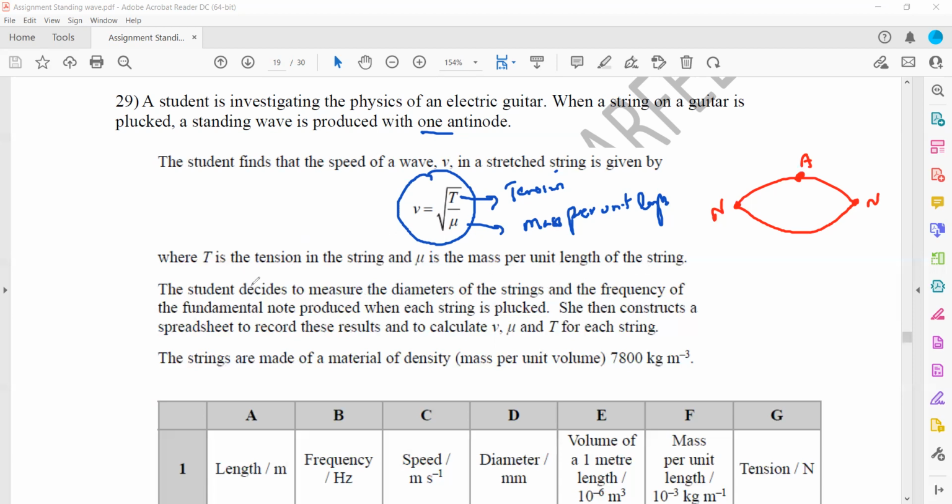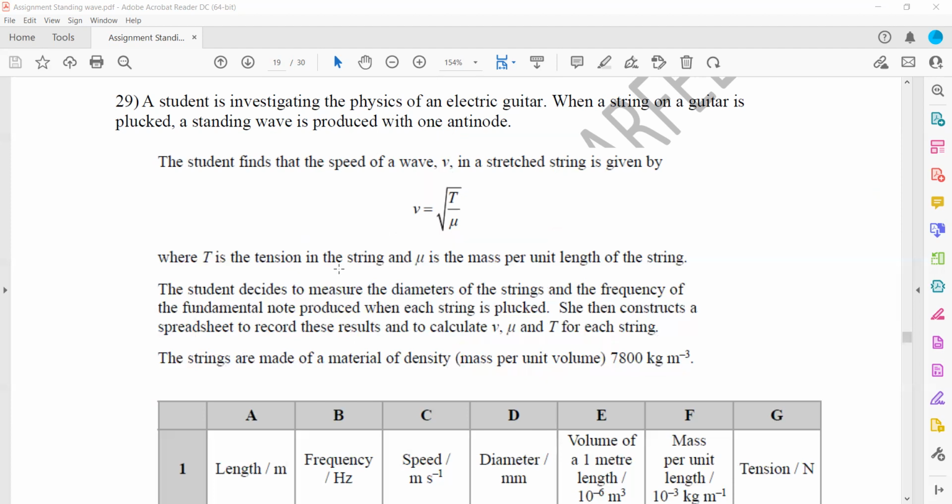She then constructs a spreadsheet to record these results and calculate the values of V, mu, and T for each string. The string is made from a material which has mass per unit volume, which we also call density, given as 7,800 kilogram per meter cube.